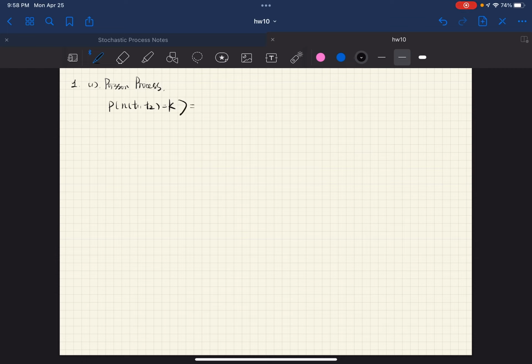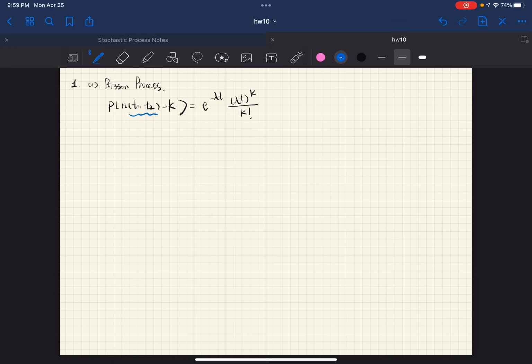The distribution is this function, with the parameter of lambda and t. If the intervals (t1, t2) and (t3, t4) are non-overlapping, then the random variables N(t1, t2) and N(t3, t4) are also independent.